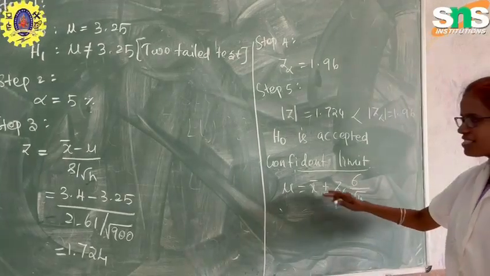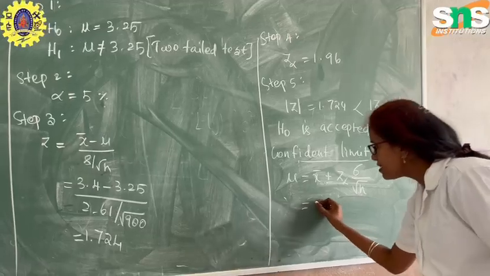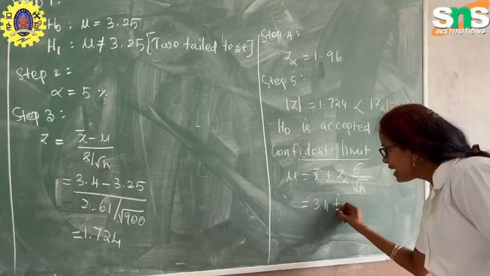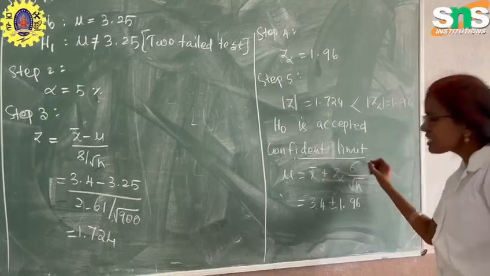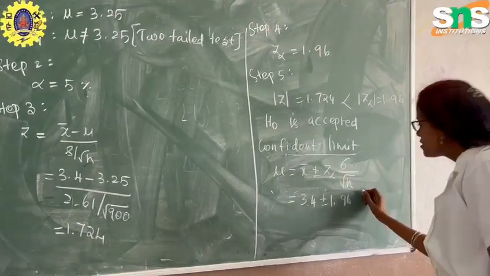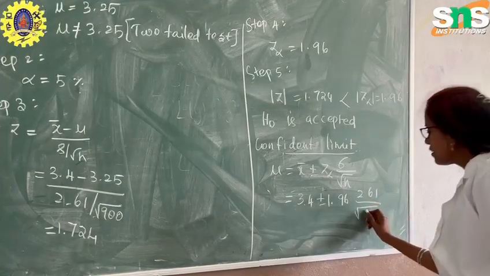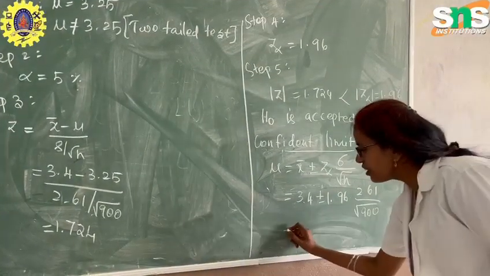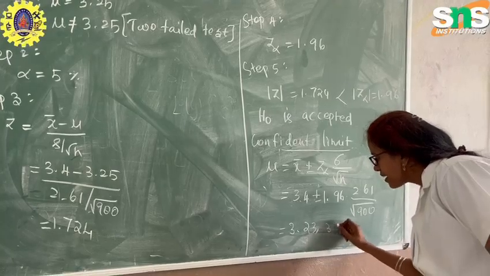Just replace all the data in this formula. X bar is 3.4, z alpha is the table value 1.96, and sigma is the standard deviation 2.61, by square root of n value 900. Finally we get the answer as 3.23 and 3.57.